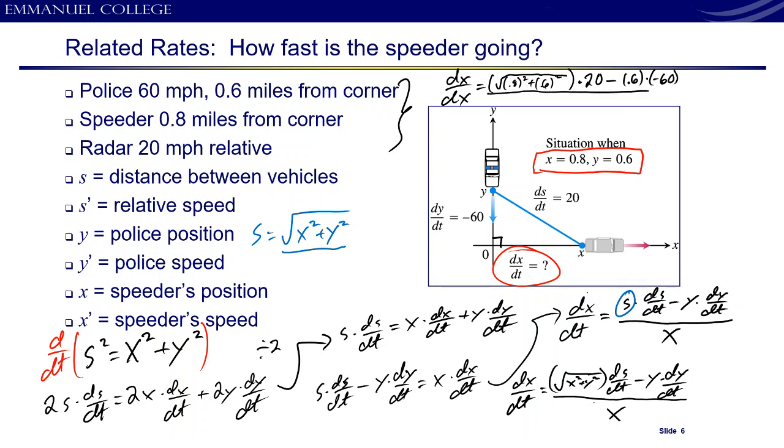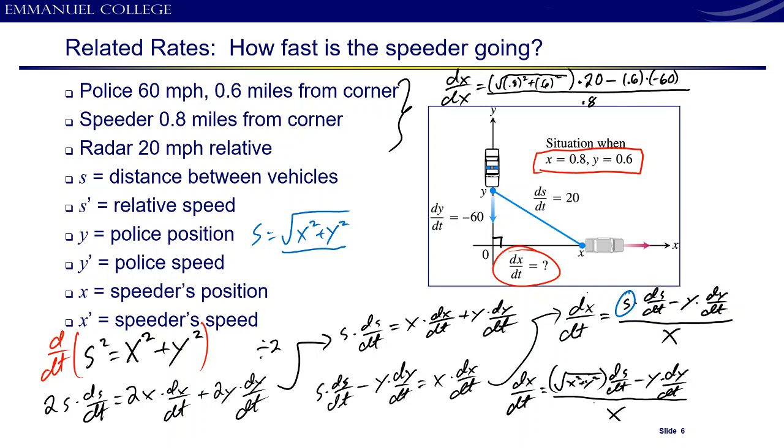And then all of that is divided by our x value, which is 0.8. If I had been smart, I would have written this down before the problem instead of calculating it by hand.